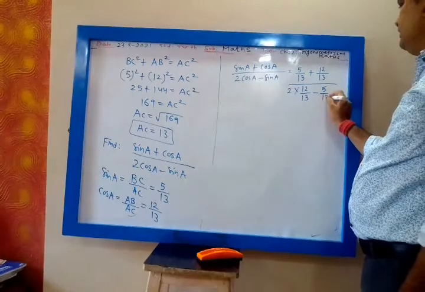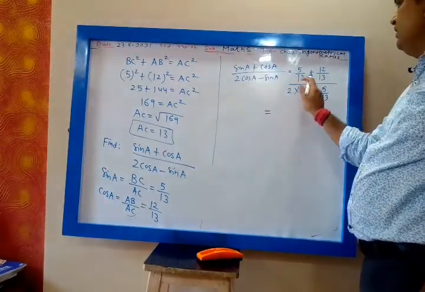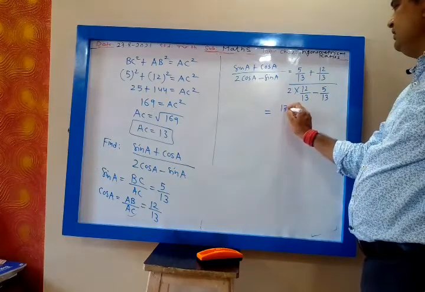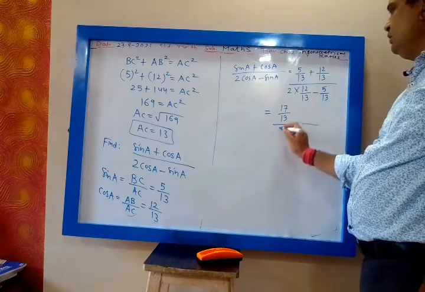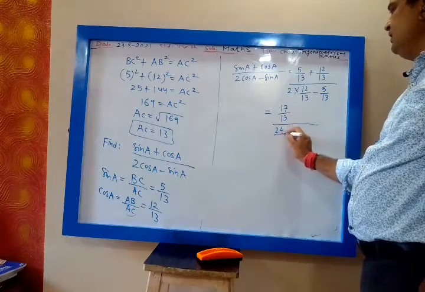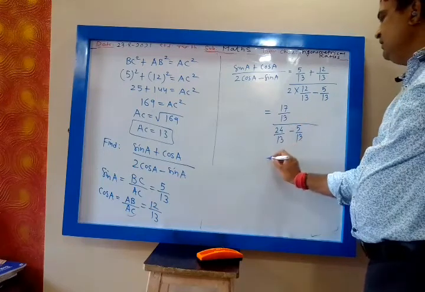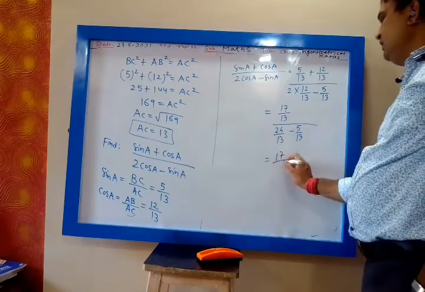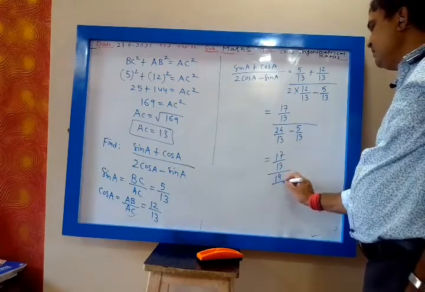Okay. So let us simplify. 5 by 13 plus 12 by 13. Denominator is same, 17 by 13, divided by 2 into 12, 24 by 13 minus 5 by 13. So that is 17 by 13 divided by 24 minus 5, 19 by 13.